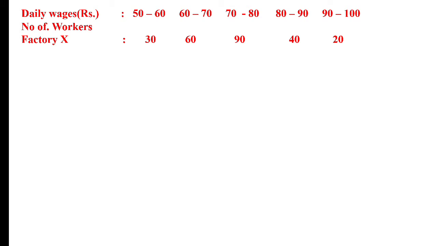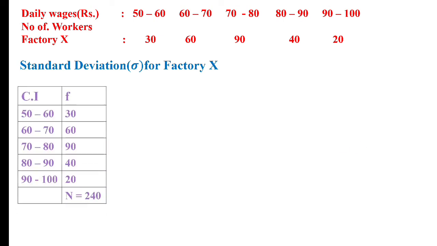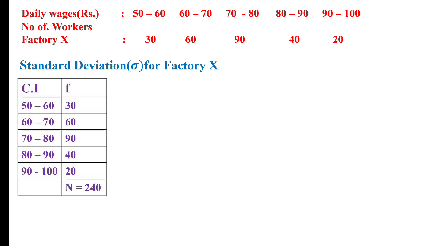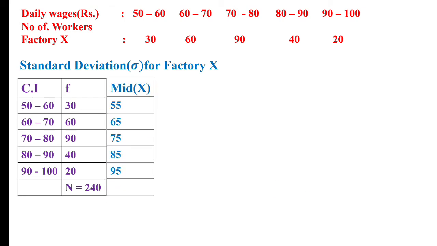We consider factory X with the class intervals. First we find the standard deviation for factory X. We write the given values column-wise: class interval, frequency. First we need to find the mean, and for that we need the midpoint.